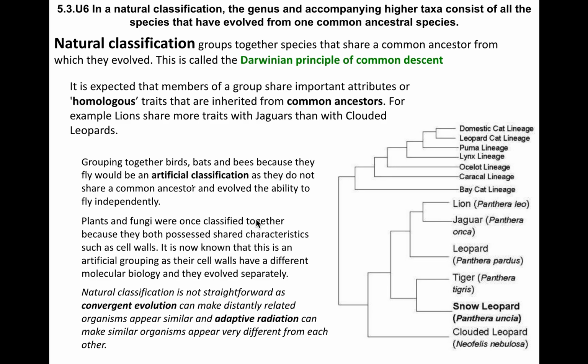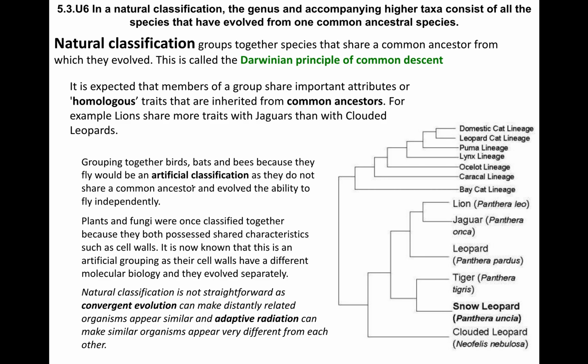Plants and fungi were once classified together because they both possessed characteristics such as cell walls, but it is now known that this is an artificial grouping, as the cell walls have different molecular biology and they evolved separately. So natural classification is not as straightforward, as convergent evolution can make distantly related organisms appear more similar.